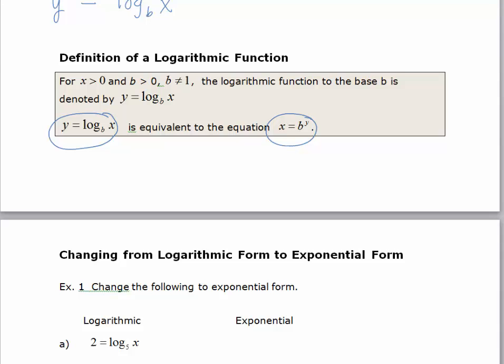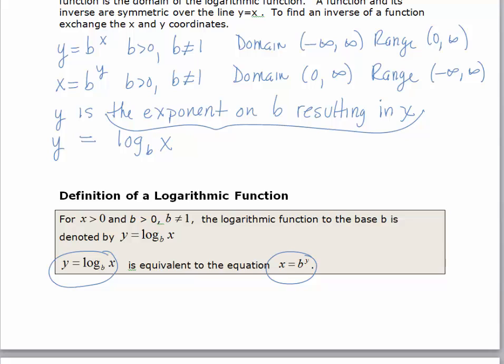Now I want to slide back up here for a second and talk about why x has to be greater than 0. Well, since x is equal to b to the y, and if b is always greater than 0, then b to the y also has to be greater than 0. If you take a positive number and raise it to any power, even if it's a fractional exponent or even a negative exponent, which just takes a reciprocal, it doesn't change the sign.